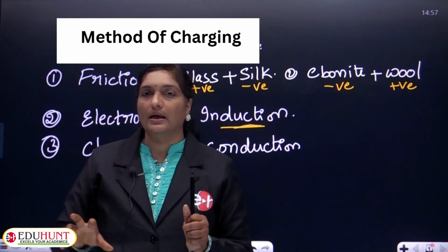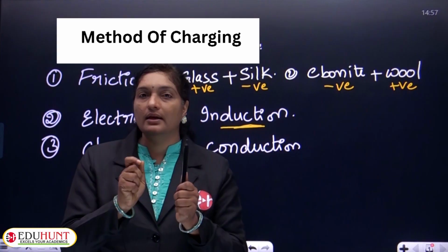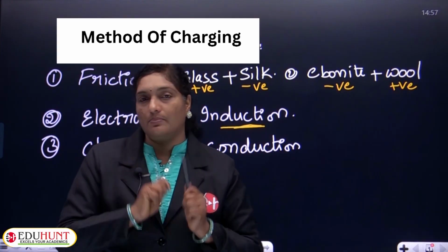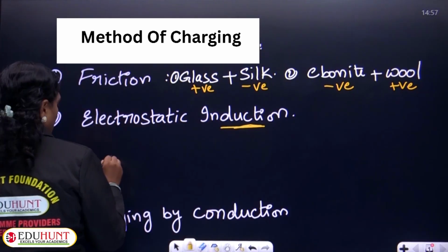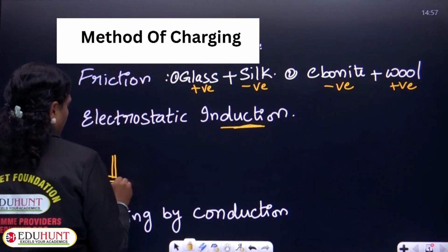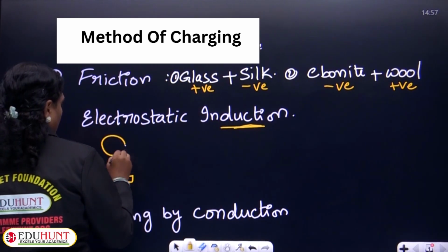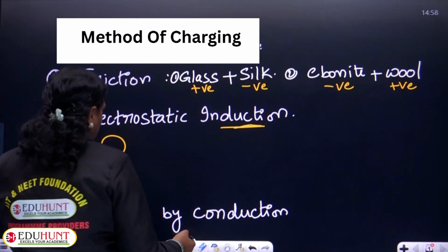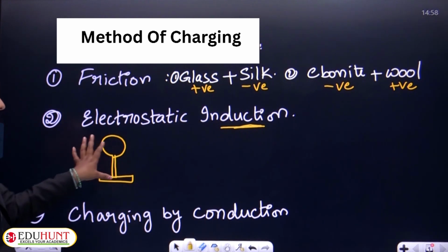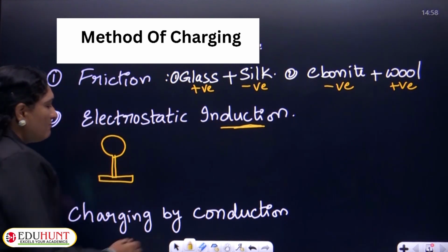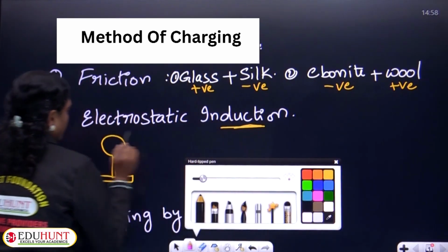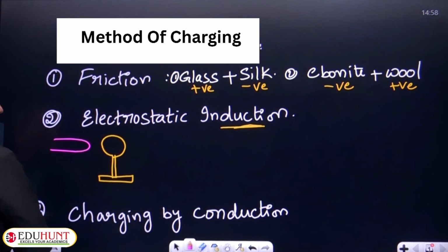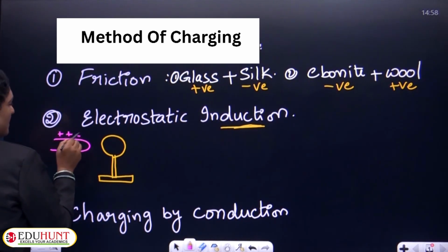So we have to bring a charged body near to the uncharged body as shown. Let us consider this example. This is an uncharged body, as I said, and one more body, let us suppose, is a positively charged body.